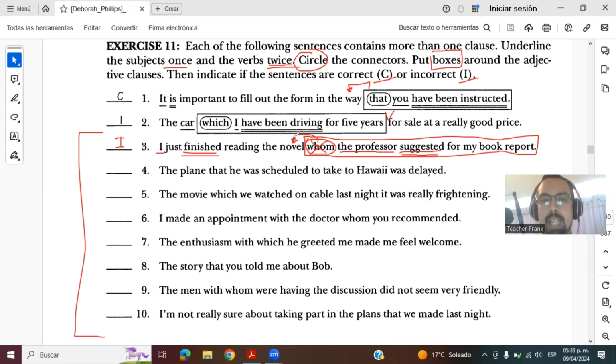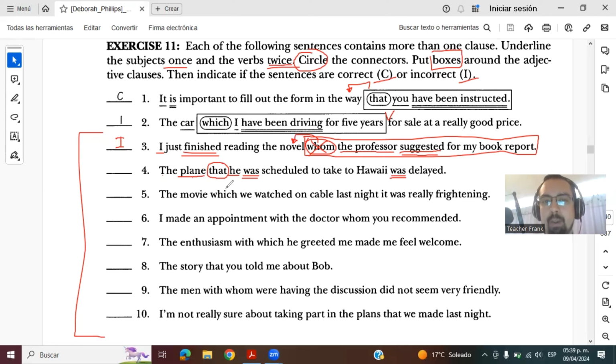All right, let's look at number 4. The plane that he was scheduled to take to Hawaii was delayed. Okay, so we have a verb here, was. Who or what was? He. We have a connector, that, and then we have another verb over here, was delayed. Who or what was delayed? The plane. So the subject is all the way over here, right?